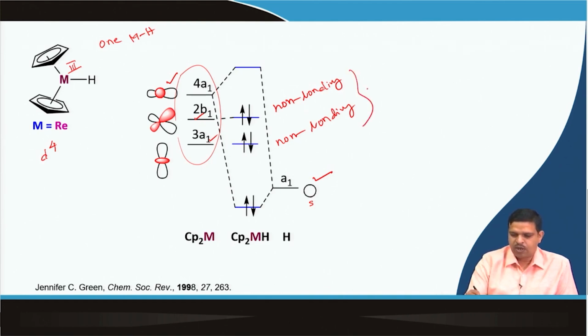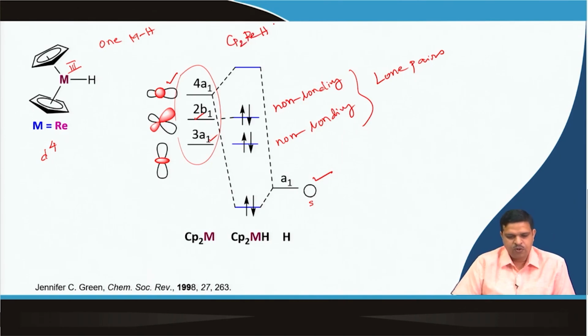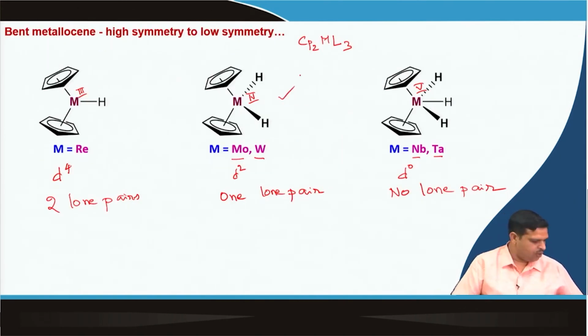These basically are the lone pairs for this Cp2MH, one example being Cp2ReH.